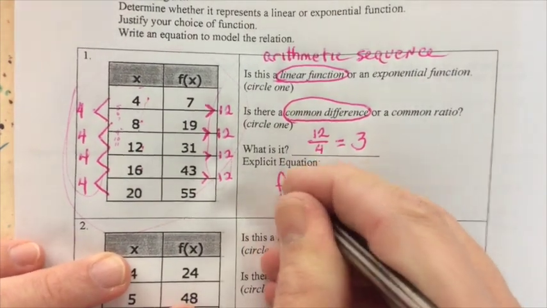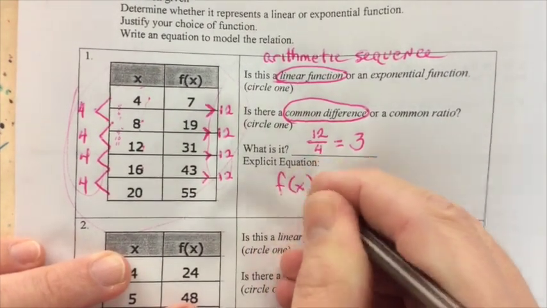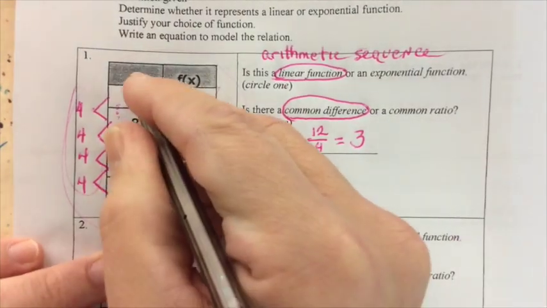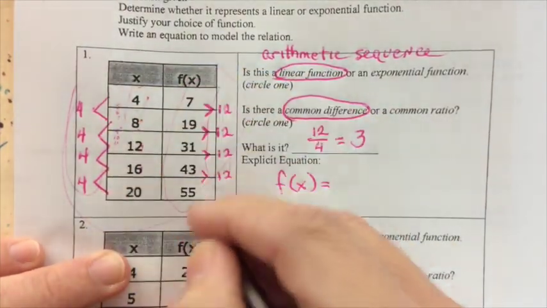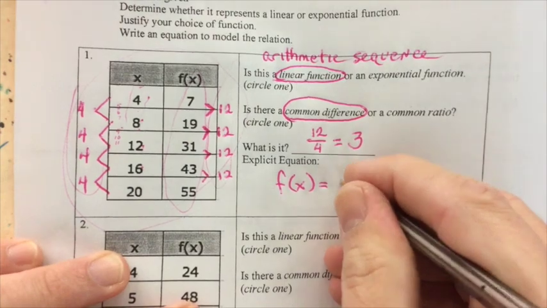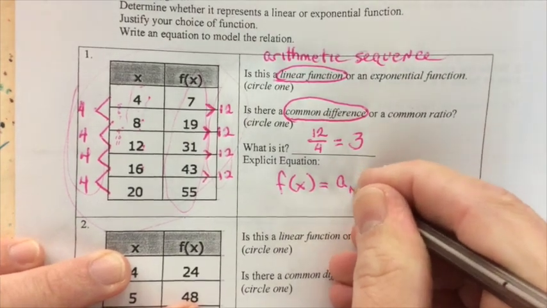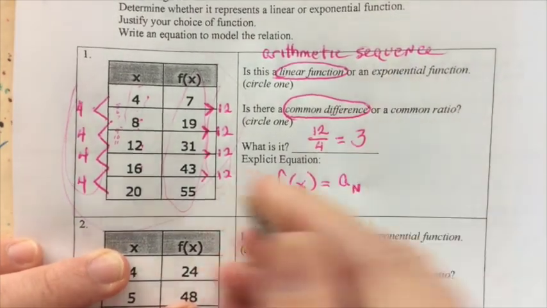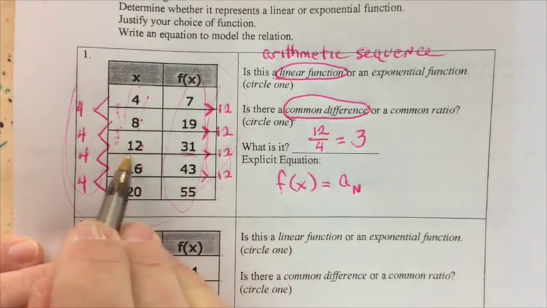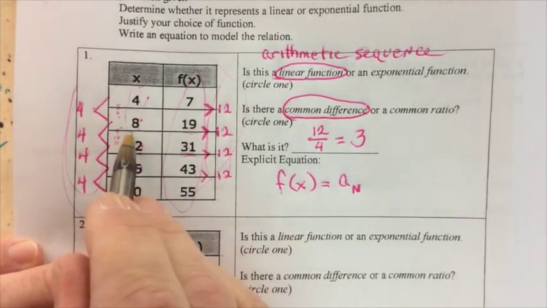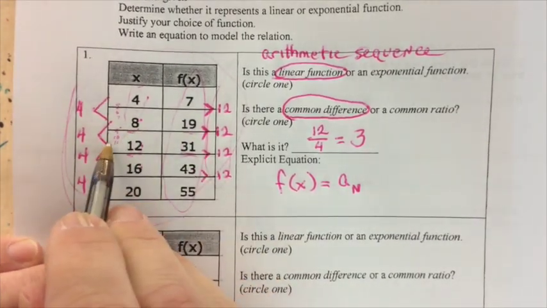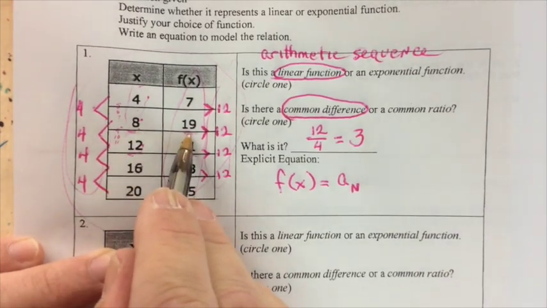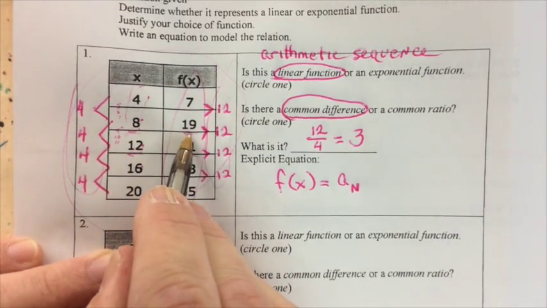f(x) is going to equal any one of these numbers right here, pick one, it's indexed. So if you pick this one, it's indexed with 12. If you pick 19, it's indexed with 8. This is the 8th number in the sequence.